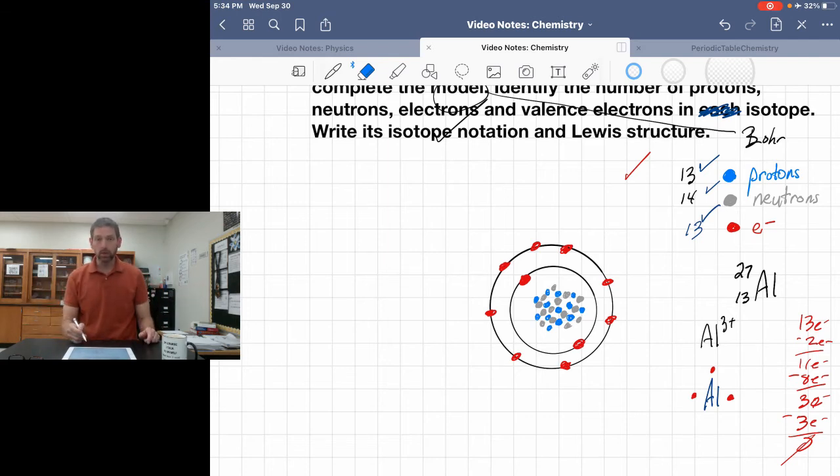Now you can see that by aluminum adding 3 elsewhere, the outer orbital for that aluminum ion would have 1, 2, 3, 4, 5, 6, 7, 8. It's full, it's stable. So there'll be another lesson where I'll show you how we draw that.